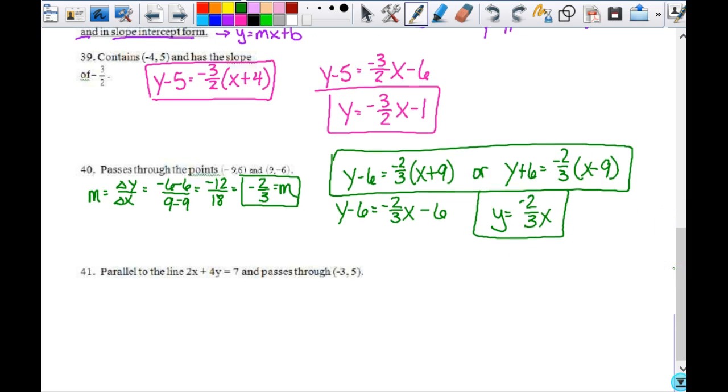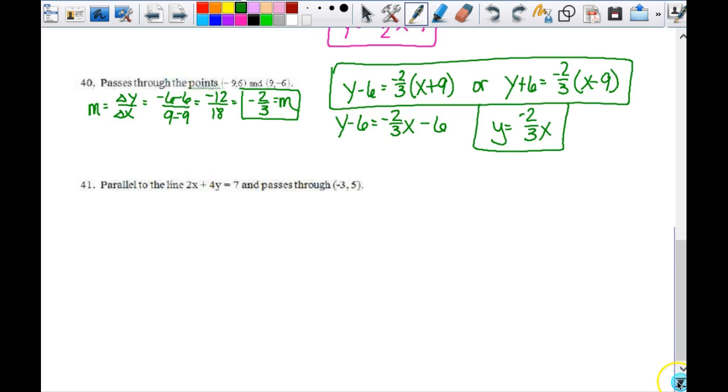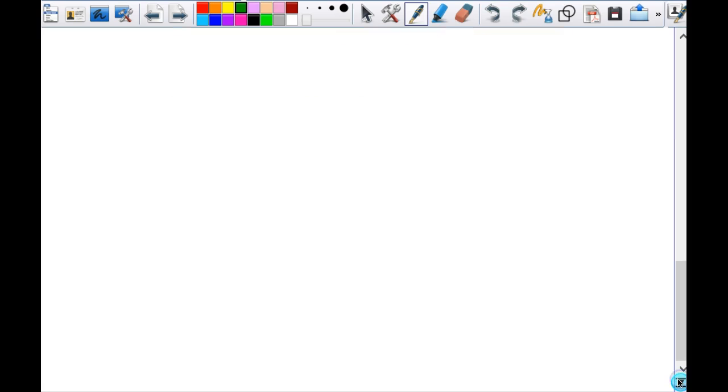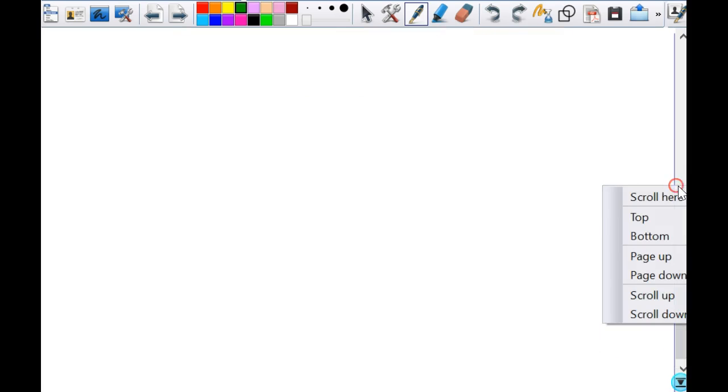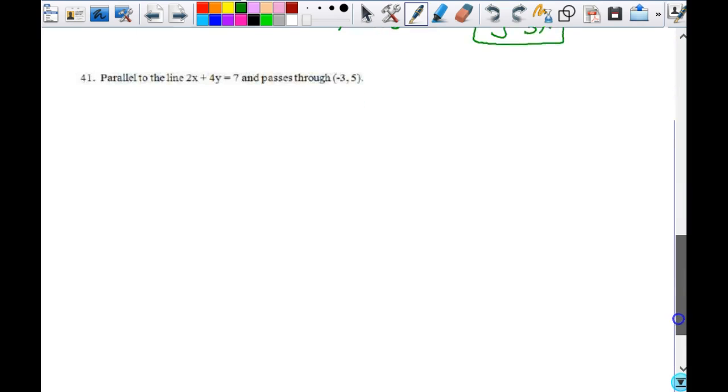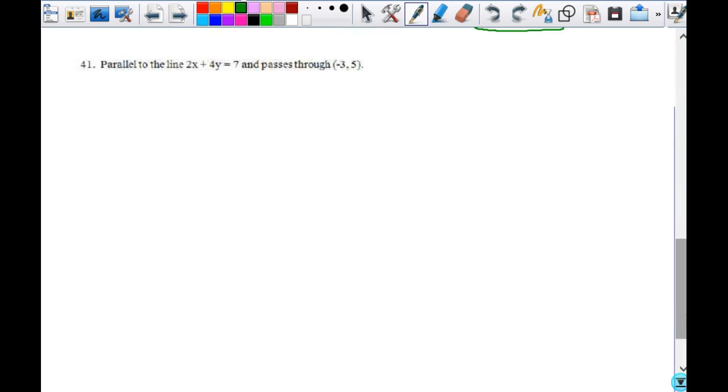All right, so then I need a line that is parallel to that line and passes through that point. Oh. All right, it's not cooperating. There we go. So if it's parallel, that means it has the same slope. So the slope here, I'm going to make this 4y equals -2x plus 7.